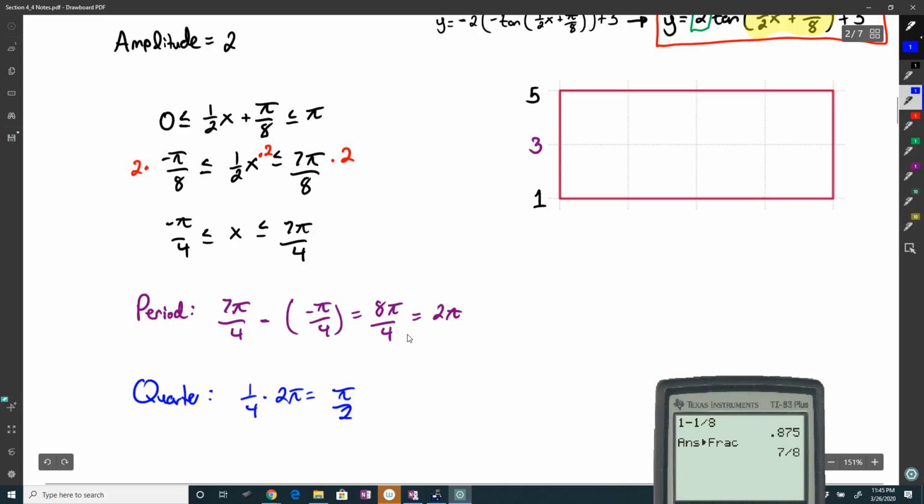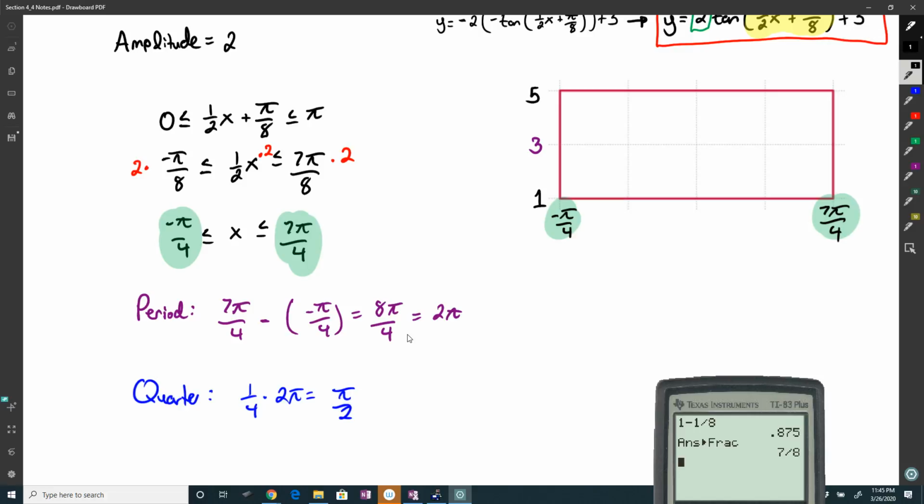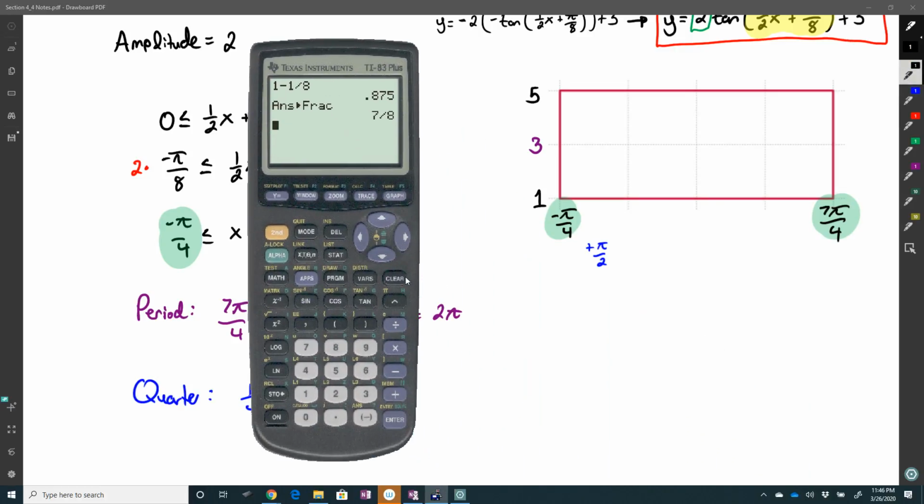All right. So I can look at my sides here. I can see I have negative pi over 4, 7 pi over 4. That's what goes here and here. All right, and I know that each quarter is pi over 2. So to get to the next important tick mark, I'm going to basically add pi over 2. And if I do that, again, if you really want to, you can use your calculator. And you can say negative 1/4 plus 1/2.